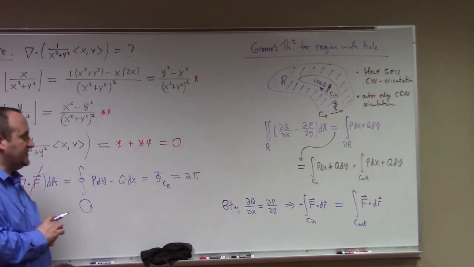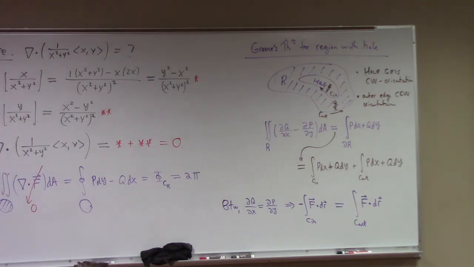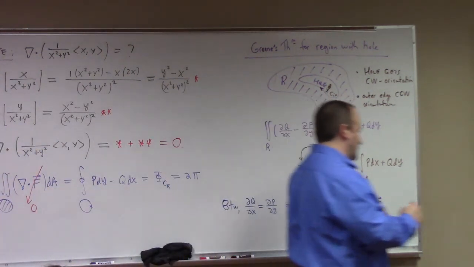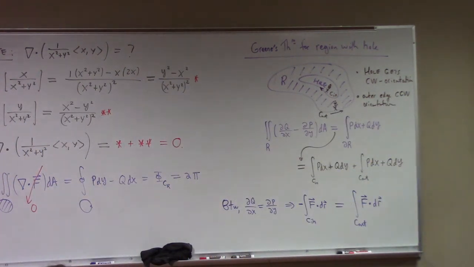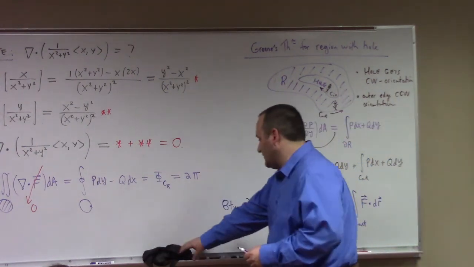But if instead of clockwise orienting the inner part, you counterclockwise the inner part, this would give us that the integral for C1 of f dot dr is equal to the integral of C2 of f dot dr, where I haven't even pictured C1 and C2. So basically use the same argument.